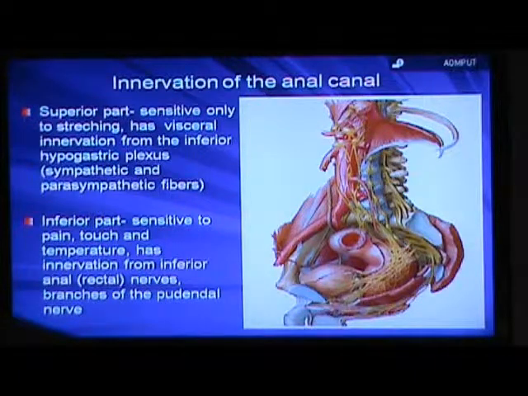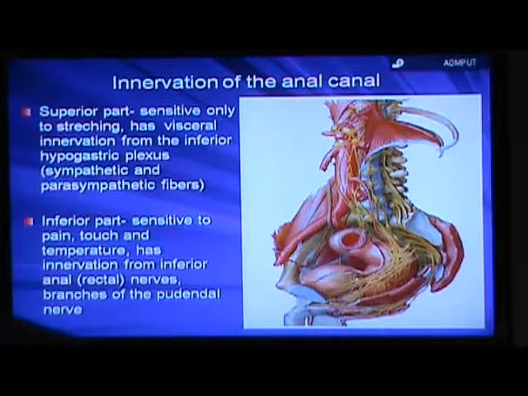So the inferior hypogastric plexus is composed of sympathetic and parasympathetic fibers. The inferior part is sensitive to pain, touch, and temperature, so it has innervation from the inferior anal rectal nerves, which are branches of the pudendal nerve, which is a branch from the sacral plexus.